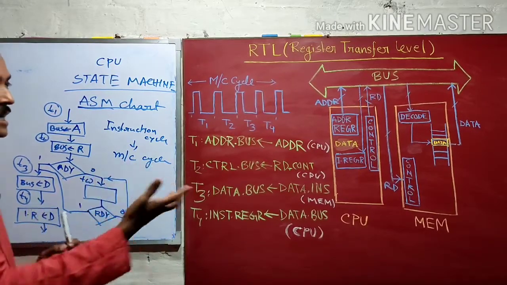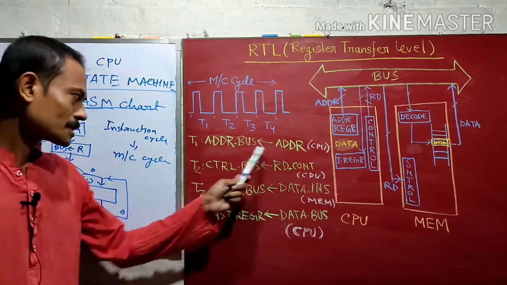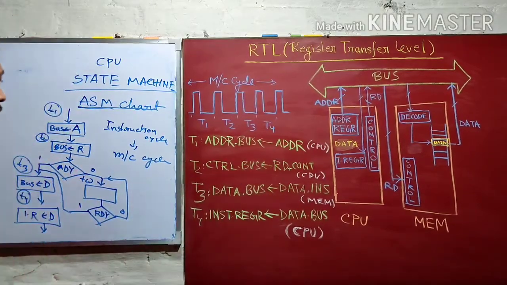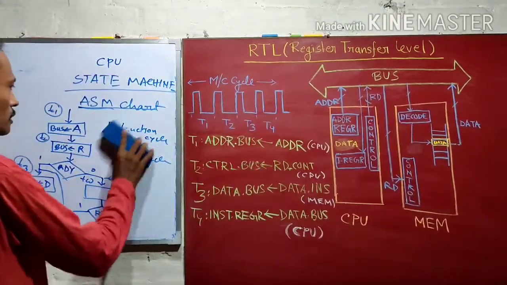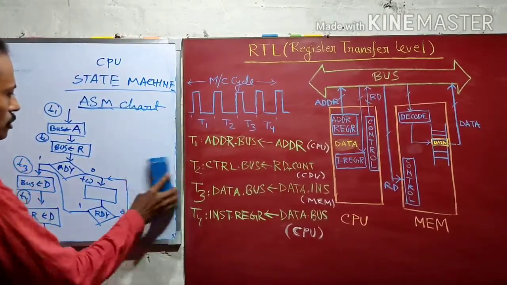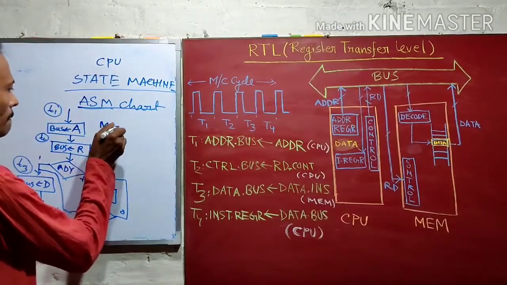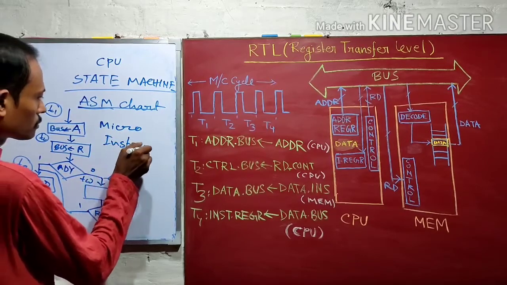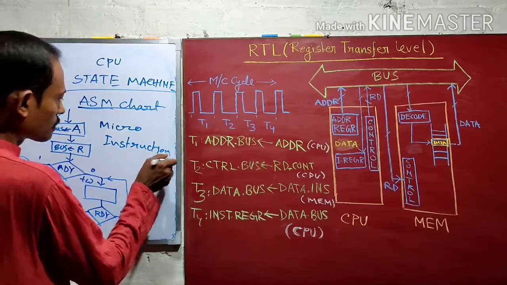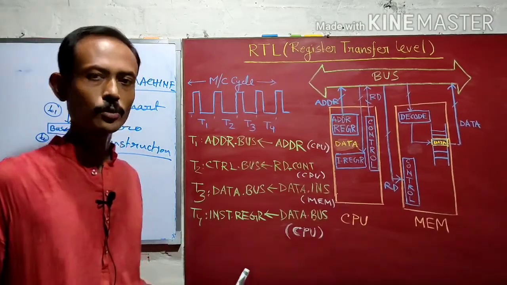Actually that is the characteristic of the CPU, and this kind of statement is called a micro instruction. If somebody can write down the micro instruction, that is called a micro programmer.